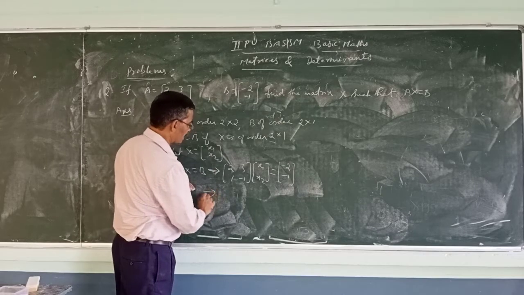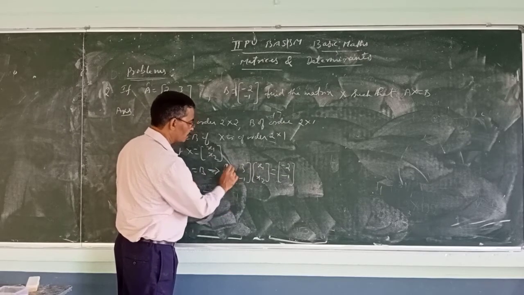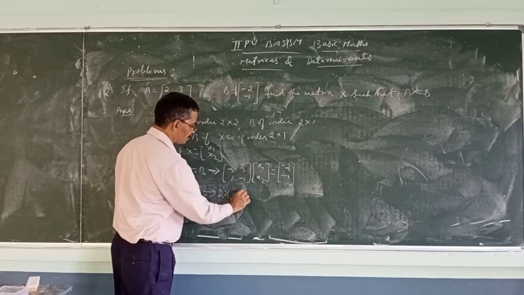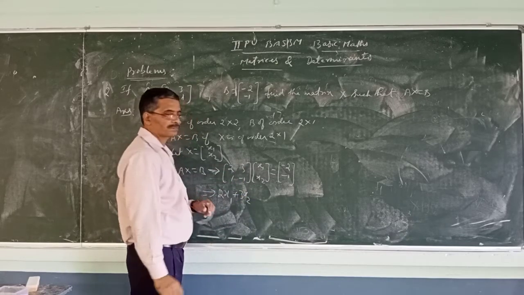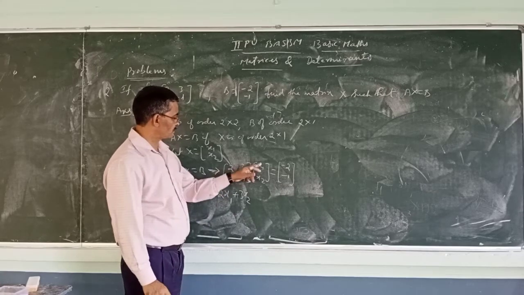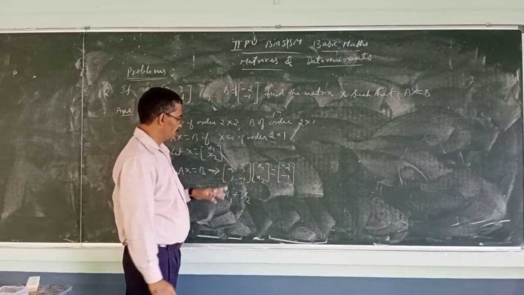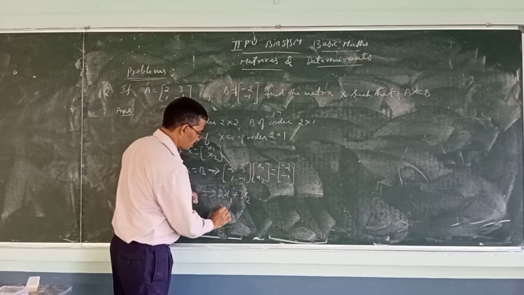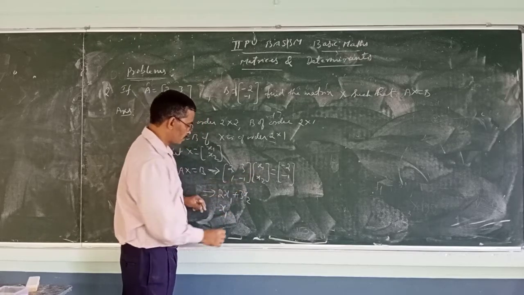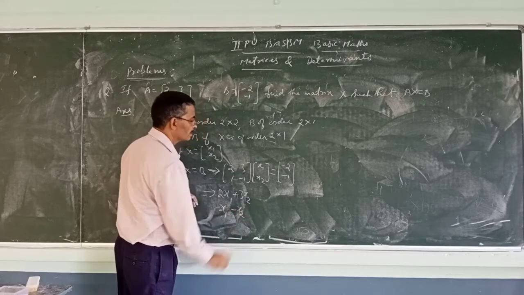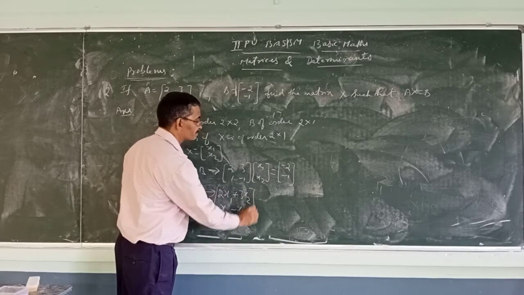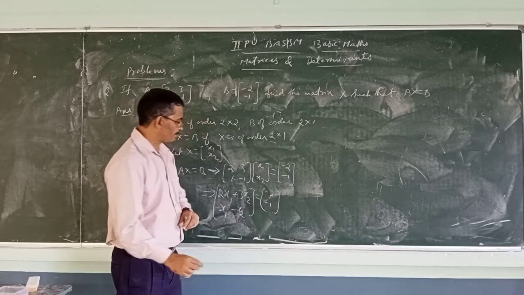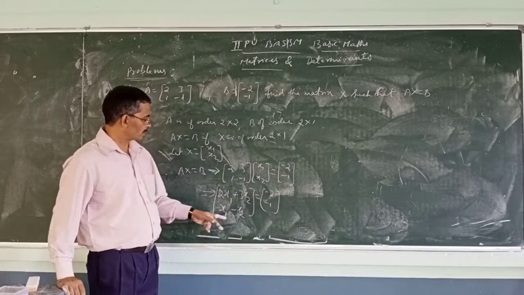Multiply. This implies 2 into x1, 2x1, next 3 into x2, plus 3x2. That is the first row, first column. Next, 1 into x1 minus 1 into x2, x1 minus x2, equal to minus 1. So you will get two equations, two unknowns.